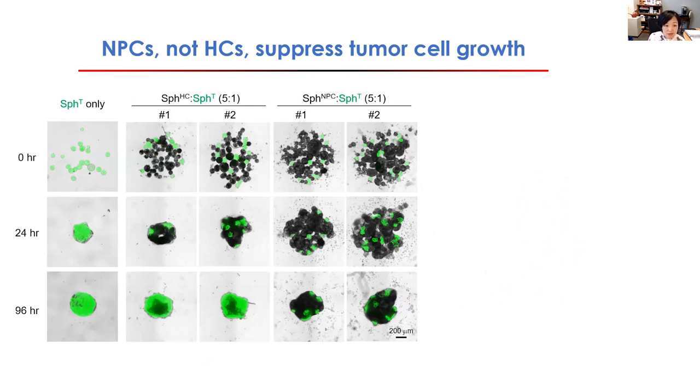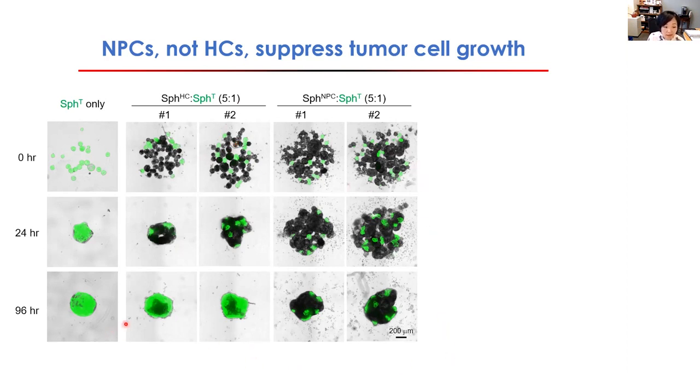Then we wanted to double check that the tumor spheroids grow differently when they are co-cultured with hepatocytes versus non-parenchymal cells. This time we did a 5:1 mixing ratio of the hepatocyte spheroids and the non-parenchymal cell spheroids, and just monitored the green fluorescence area.